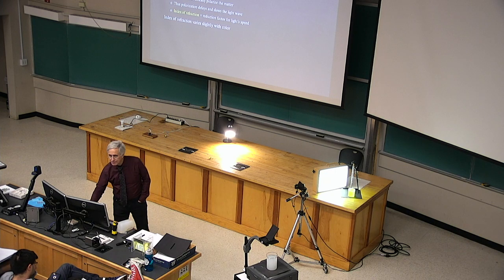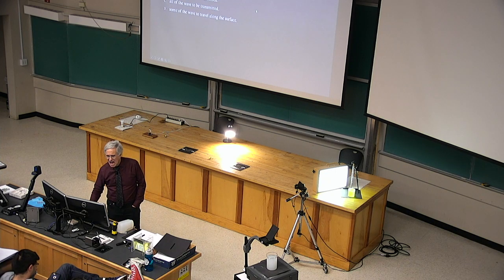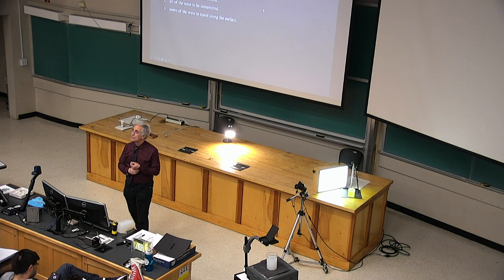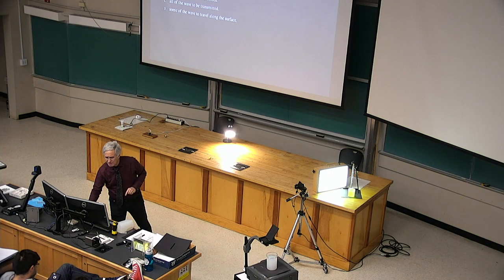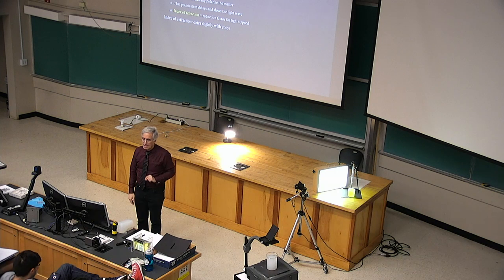Item 2 is that when light makes a transition, actually I want to put one more thing in this. Light slows down. That index of refraction is always greater than 1. The color actually matters a little bit.